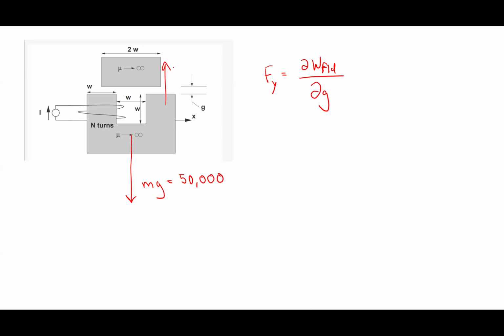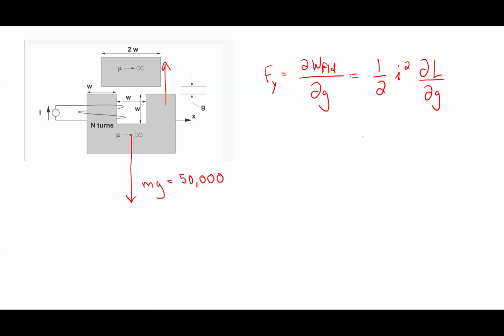Well, minimizing the reluctance would mean that it would try to slam G shut. So if I go through this process, this becomes 1/2 i squared times the derivative of L with respect to G. That's effectively what I'm going to come up with.